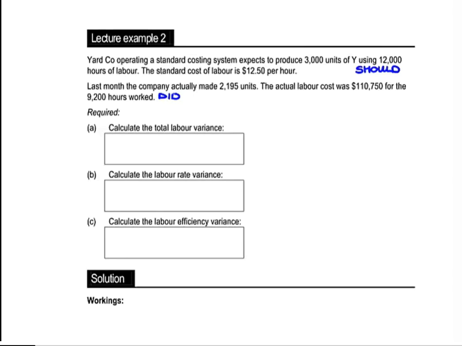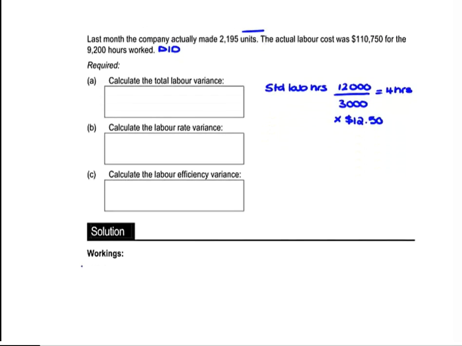If we're looking at our total labour variance, we need to look at the standard labour hours. Well, we've used 12,000 hours in our plan to make 3,000 units. So the standard is 4 hours per unit and the standard cost is $12.50 per hour. So the standard cost for 1 unit is $50.